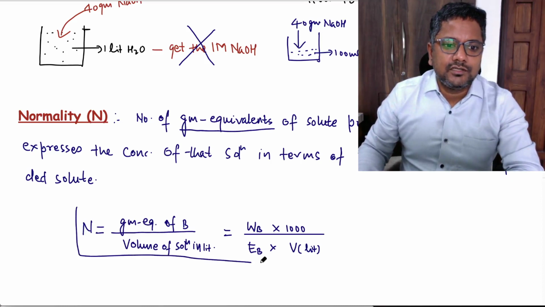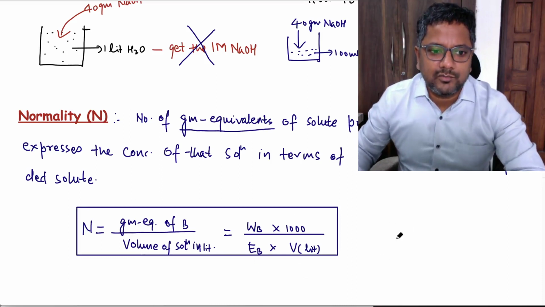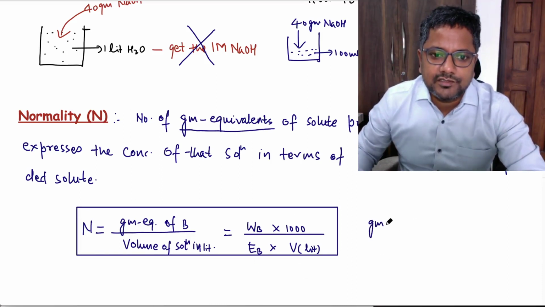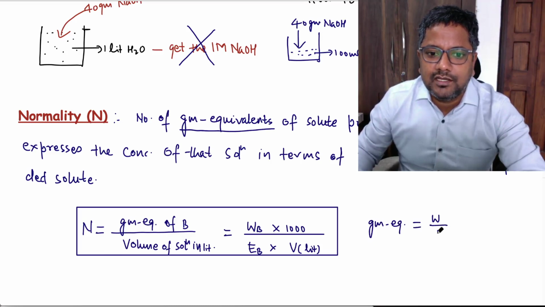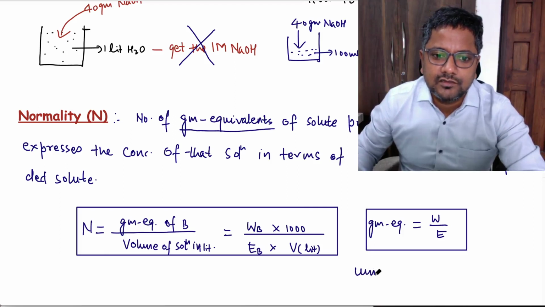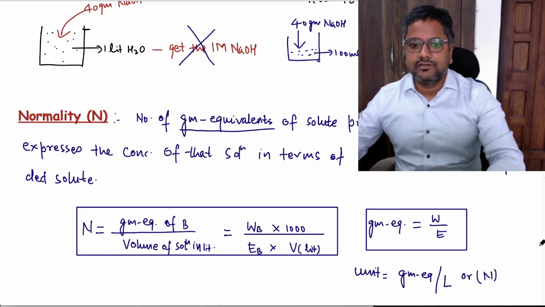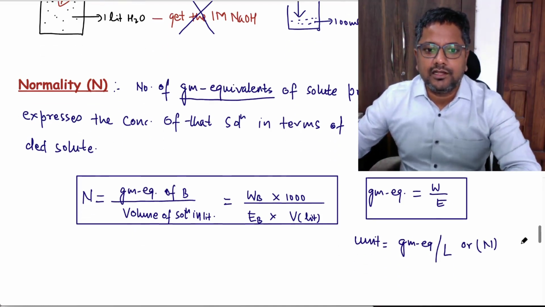This is the formula for normality. Gram equivalents is equal to weight by equivalent weight. What is the unit for this? The unit of normality is gram equivalents per liter, or simply N, right? Gram equivalents per liter or N.